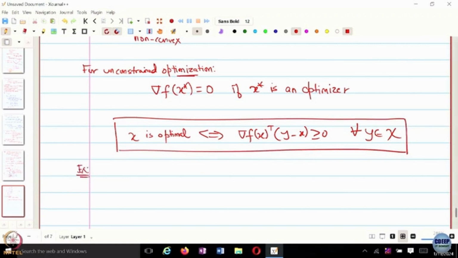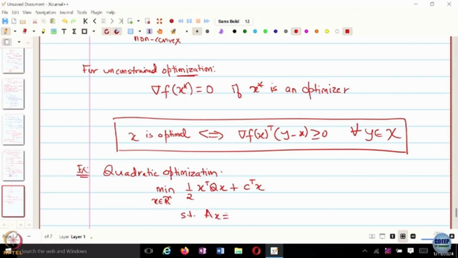Let's take a look at an example on quadratic optimization. We want to minimize the quadratic function subject to this linear equality constraint.